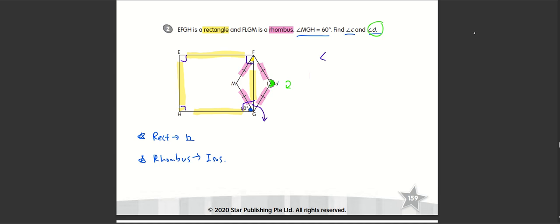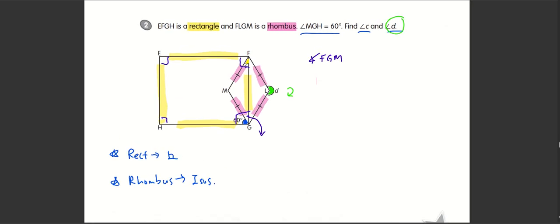All right, that's angle FGM. And angle FGM, that's the same as angle MFG or GFM, okay, which is actually angle C.